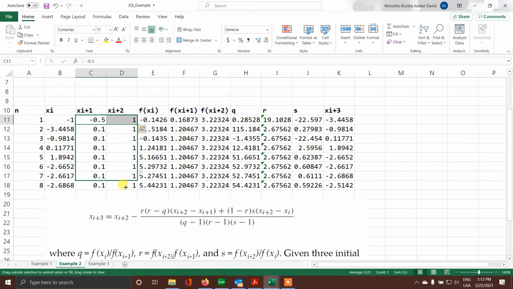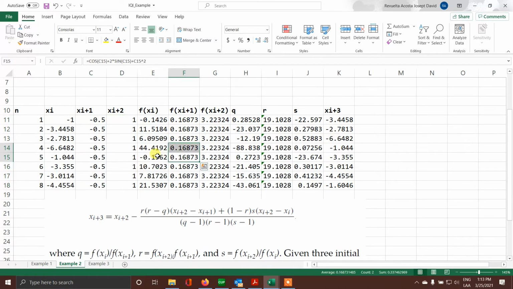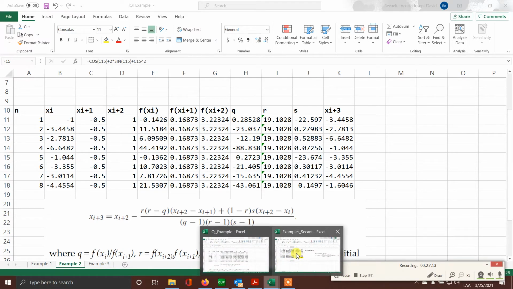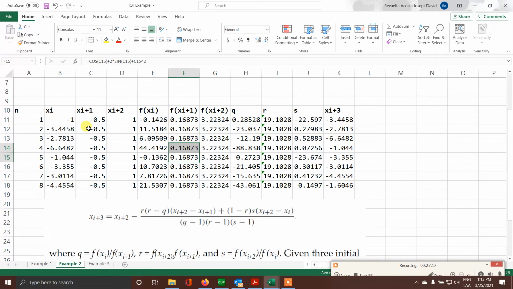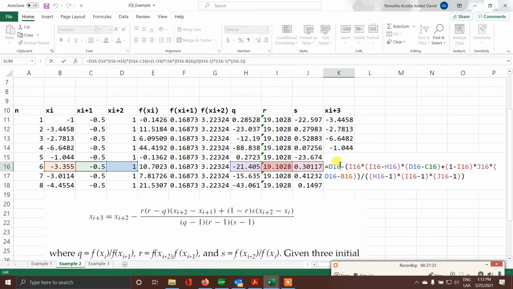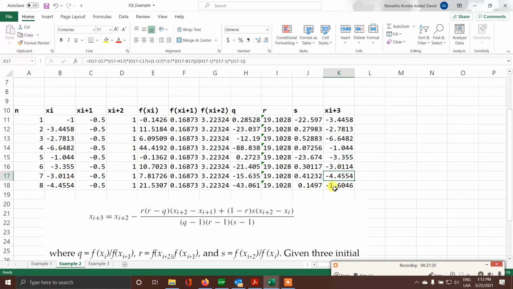So let's just do this one as 0.1. This is equal to 0.01. And then this is equal to minus 1. This is a matter of just finding the right confidence.